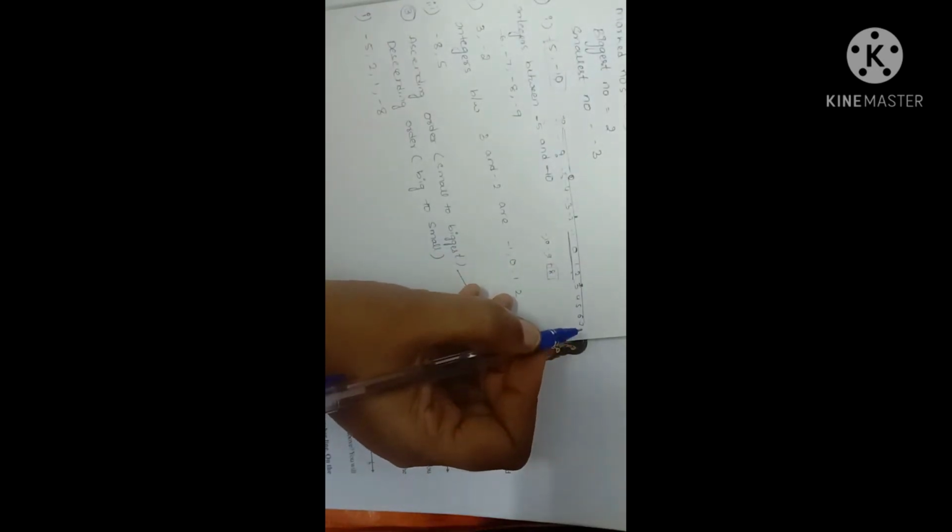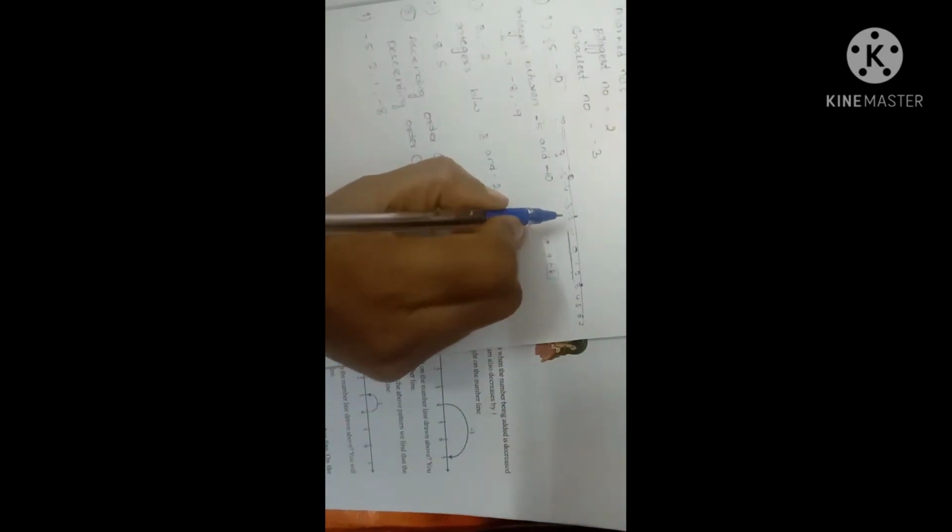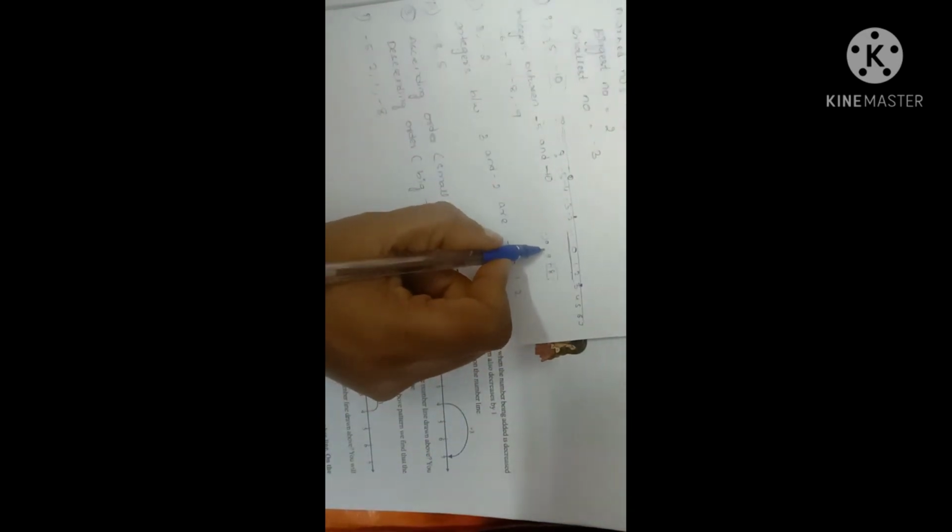It is easy to find for positive numbers: the numbers going to the right side are all bigger, the succeeding numbers are greater than the preceding numbers. But coming to negative signs, if the number increases, its value decreases.